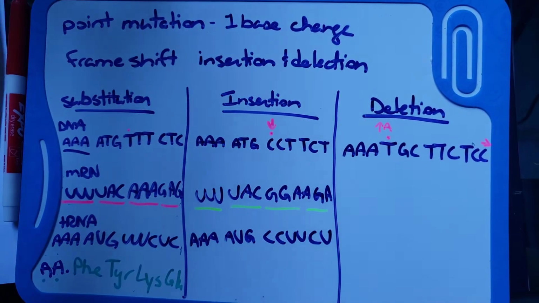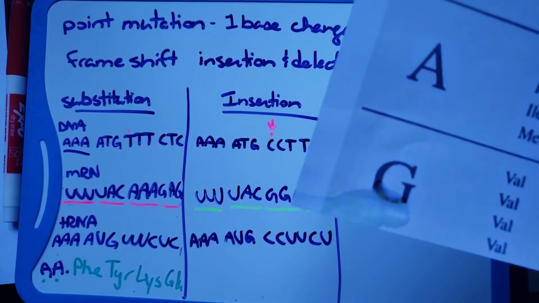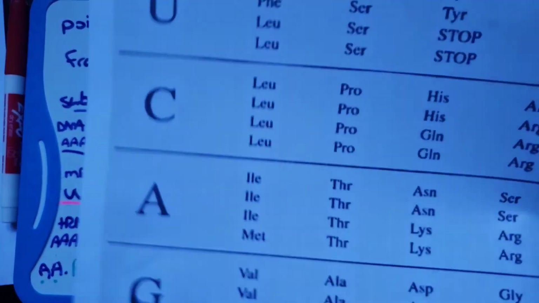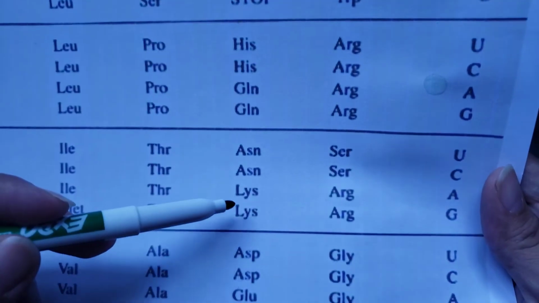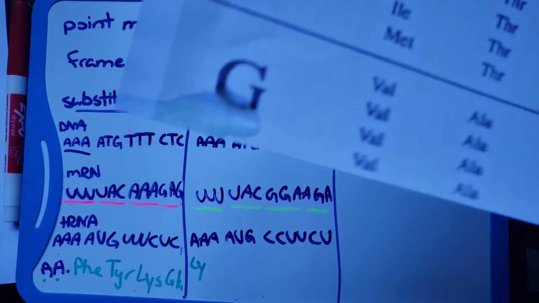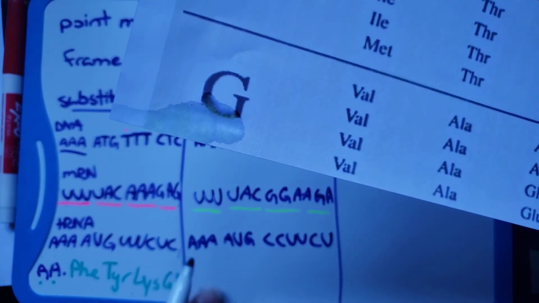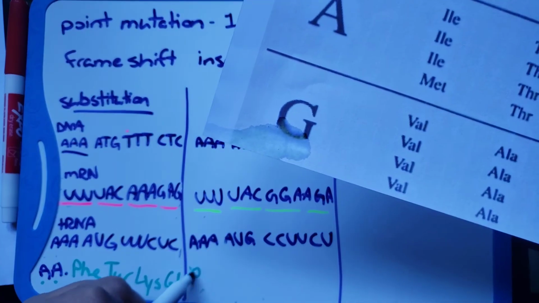When you read this one, I just want to get the paper. The amino acid sequence is going to be, oh sorry, wrong one. U, that will be a Phi.